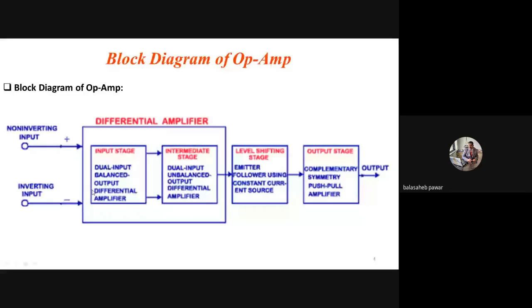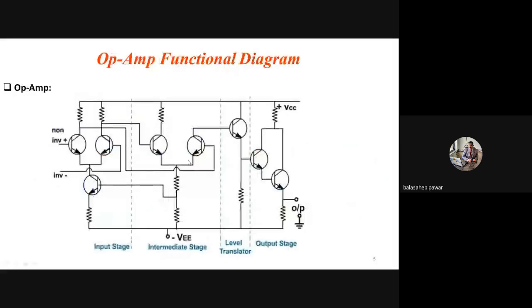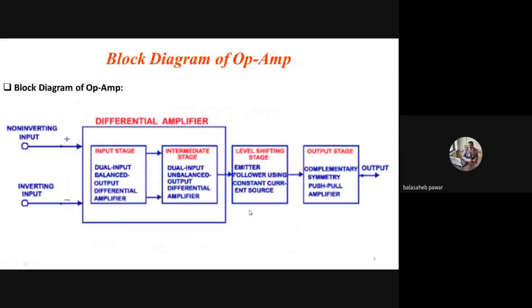That second stage is also a differential amplifier. It will amplify the difference between the two inputs applied to it, which is nothing but the output of the first stage. And as it is single-ended, that amplified differential voltage is applied as an input to the third stage, the level shifter. Is it clear about dual input balanced output, dual input unbalanced output, and what is meant by differential amplifier?